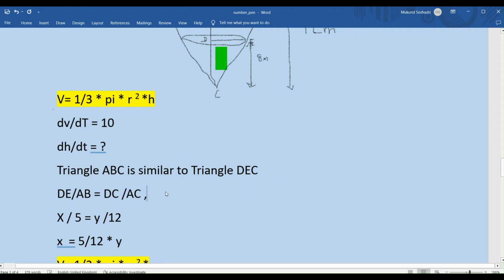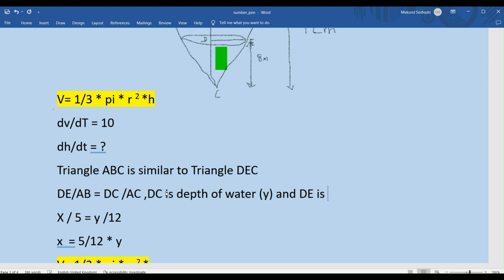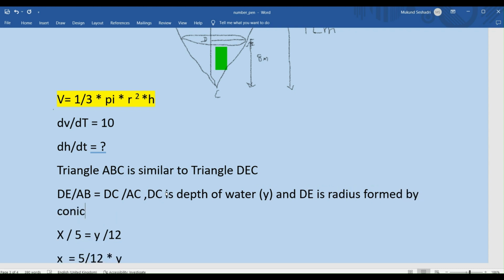So DC is the depth of the water, y, and DE is the radius formed by, let's call this the water cone, for the sake of understanding.